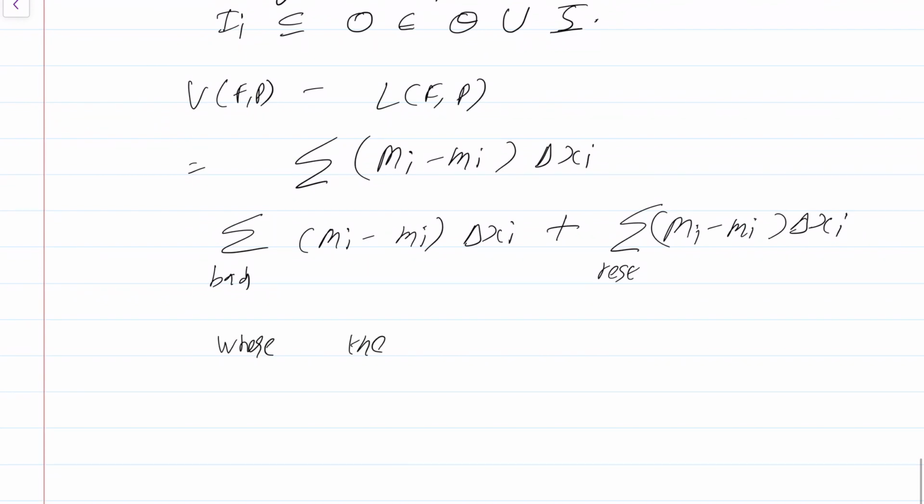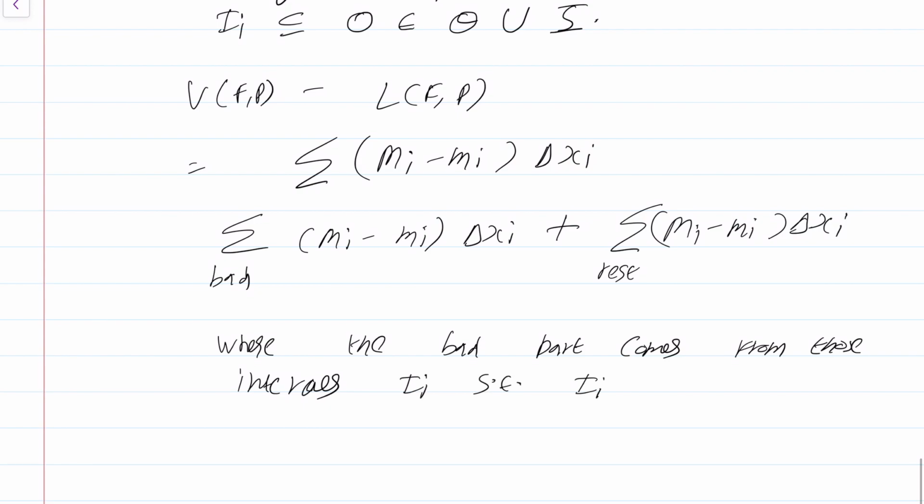The bad part comes from those intervals I_i such that I_i is a subset of O, which is an element coming from script O, fancy O, the part coming from the cover of D_k.